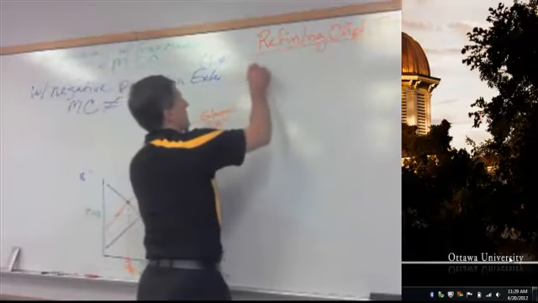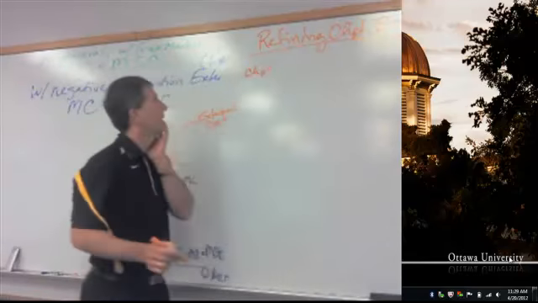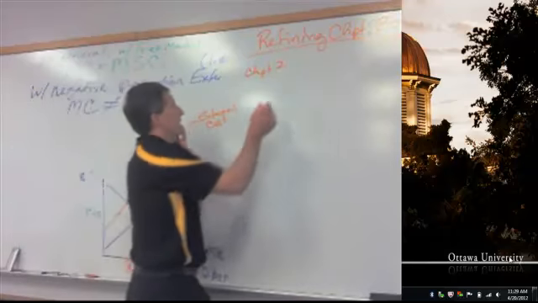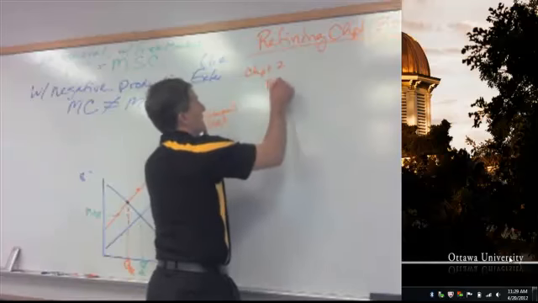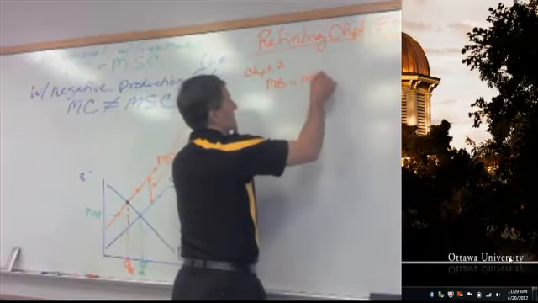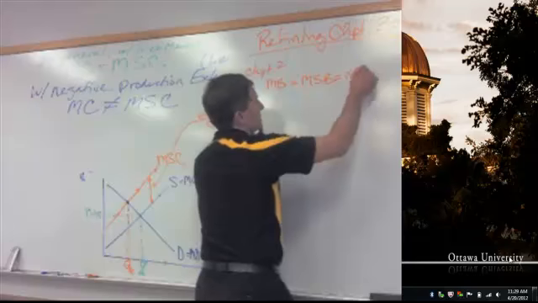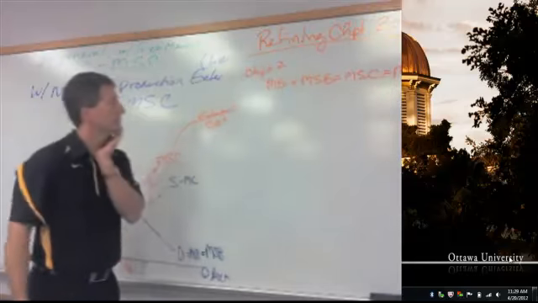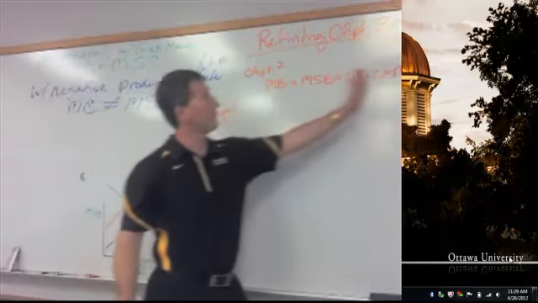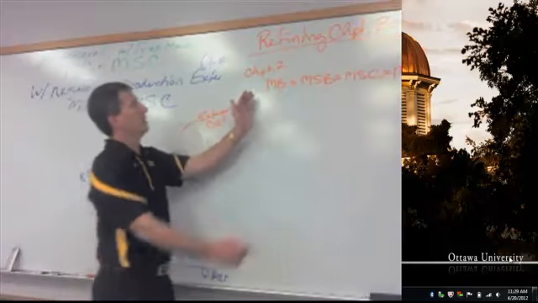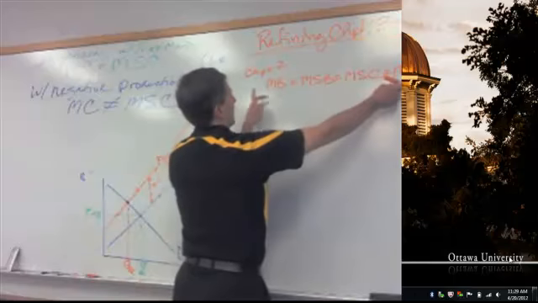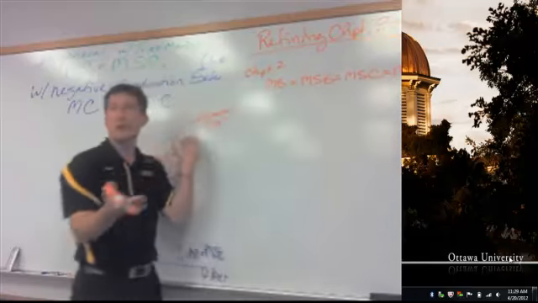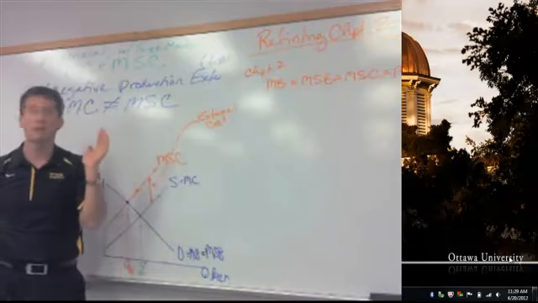In chapter 2, we didn't exactly call this straight out to your attention, but we were doing this. Marginal benefit equals marginal social benefit equals marginal social cost equals marginal private cost. If you look at all four of those together, we just said, oh, marginal benefit, marginal cost, where they're equal, we get allocative efficiency.